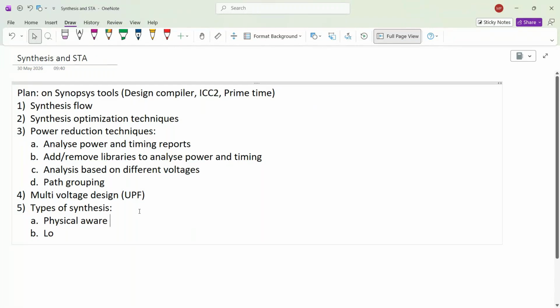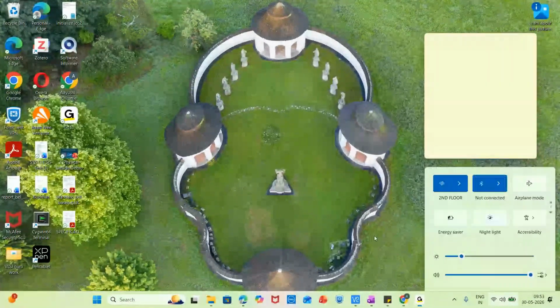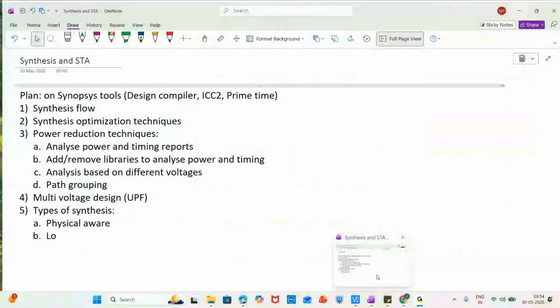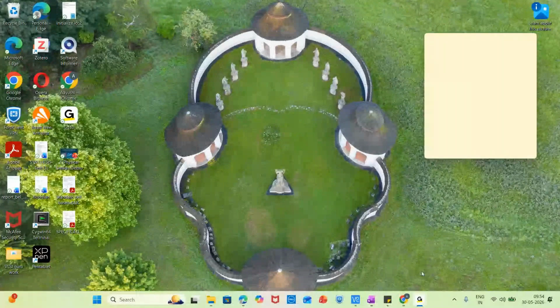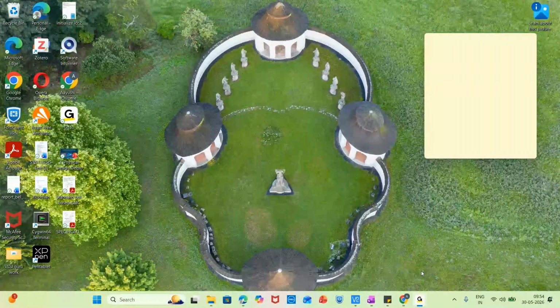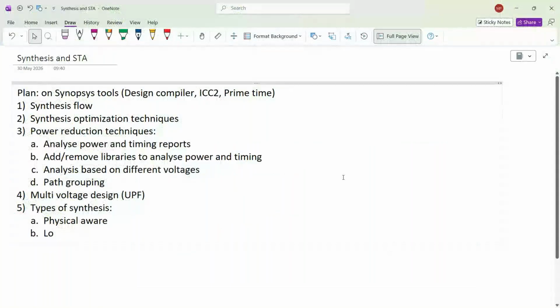Point 3A, we were able to hear you: power reduction technique, analyze power timing report. After that, I think we lost you. Yes. So please, if I am not audible, unmute and let me know. I may not be able to realize that I'm not audible.